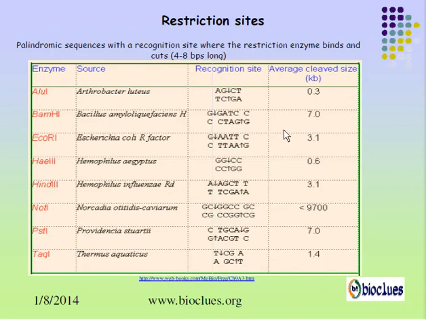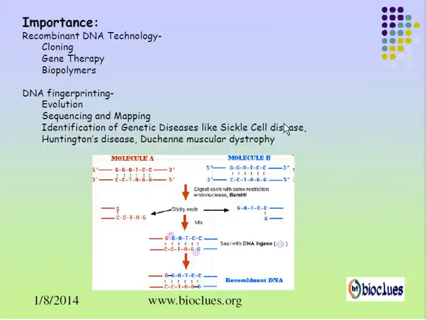Right. So restriction enzymes find a great application in recombinant DNA technology, DNA therapy, biopolymers, cloning, DNA fingerprinting, and also they are linked with certain genetic diseases and could be used in identification of them, like sickle cell anemia, Hodgkin's disease, Duchenne muscular dystrophy.